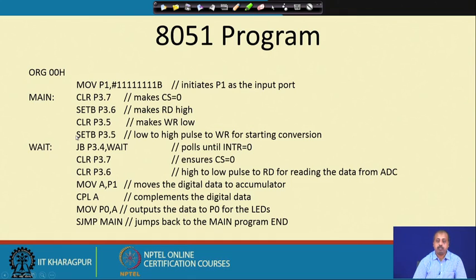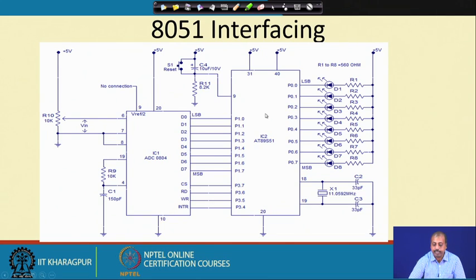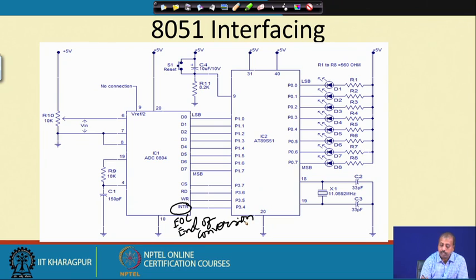In some cases, we have this INTR signal in some of the processors. You will find that this INTR line is also known as end of conversion. In many cases you will find this pin written as EOC, or end of conversion, and the write line, I have already said, is the start conversion.